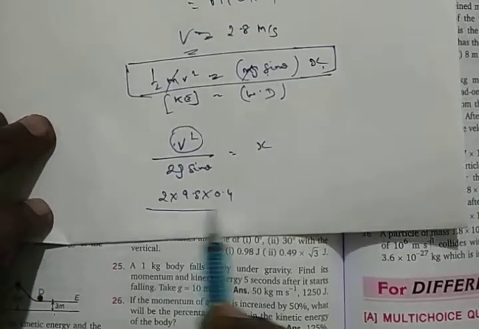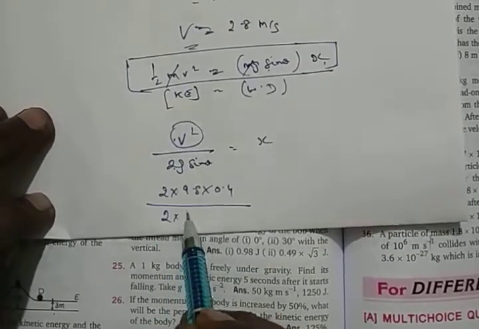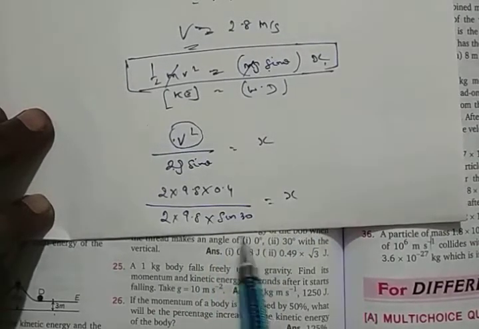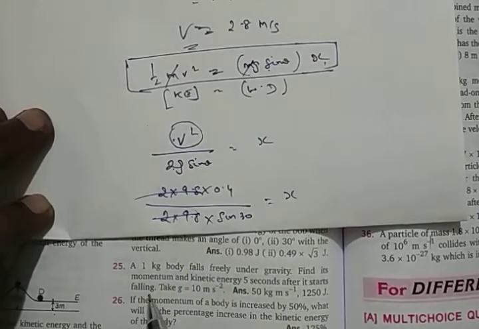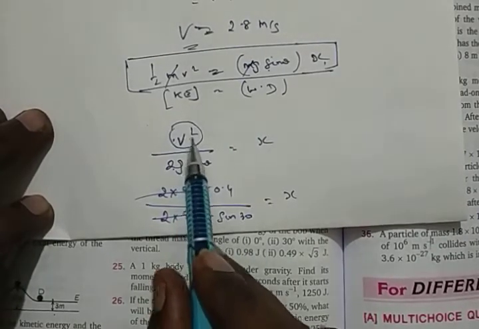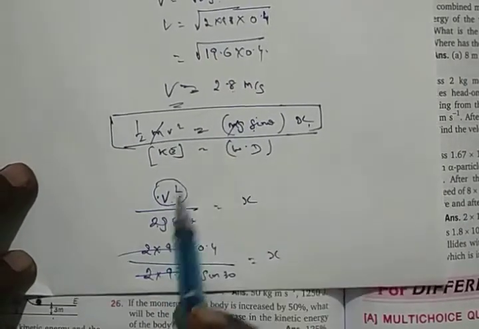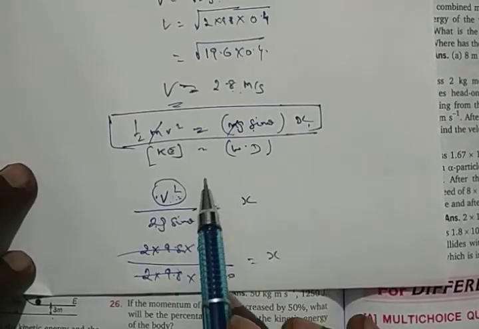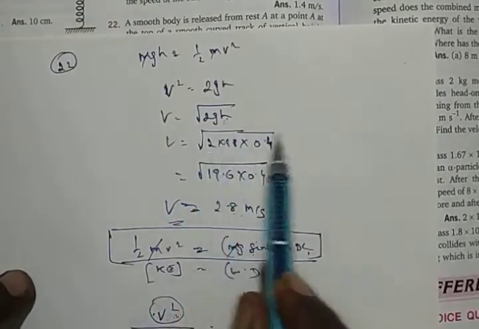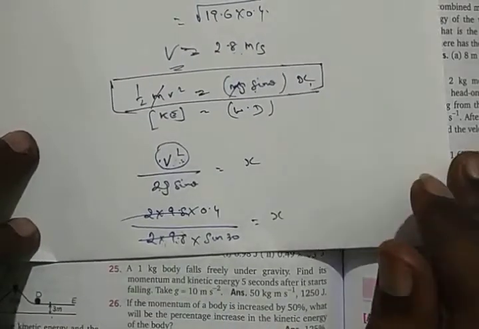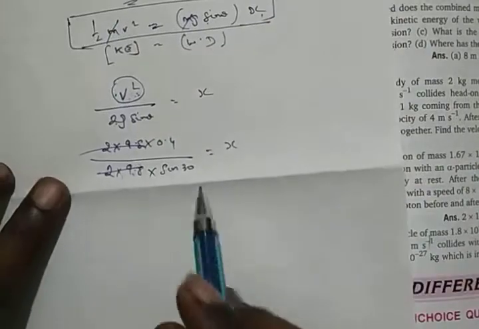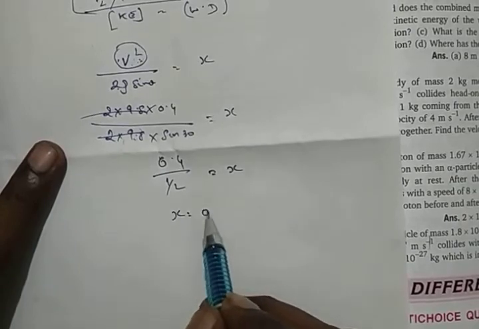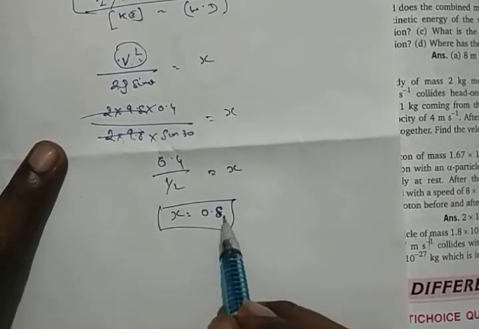So this is also 2 into 9.8 into sine 30, equal to x. This one gets cancelled. Remember, v square is 2.8 square. I can put this also, no problem. Otherwise, 2gh is already there, and this entire part I am putting so that cancellation is quite easy. So what will be the value here? 0.4 upon 1 by 2 is equal to x. So x is going to be equal to 0.8 meters.